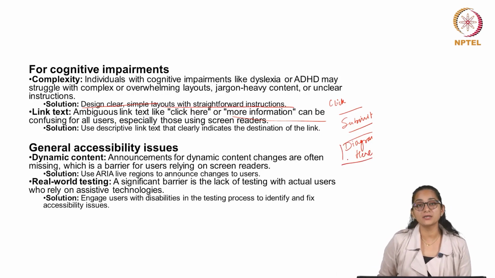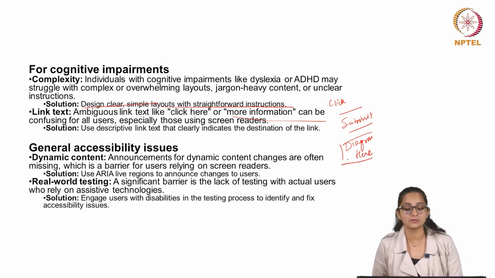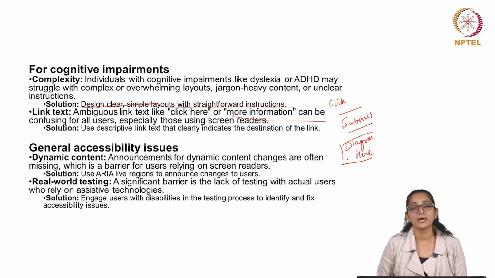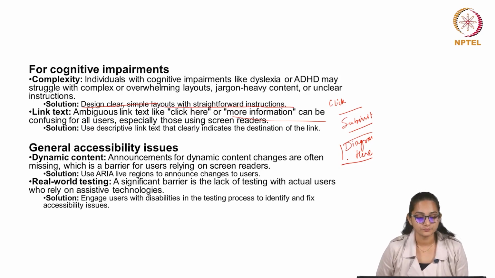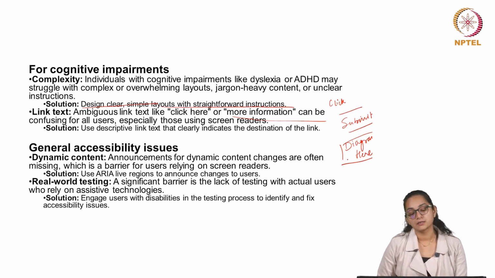So that there is some meaning to the button, and then the screen reader would also be able to announce that this button is for diagram access. So, it should be contextual and meaningful. So, use descriptive link text that clearly indicates the destination of the link.